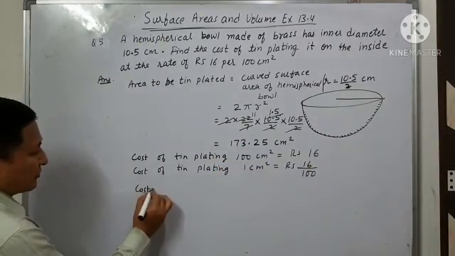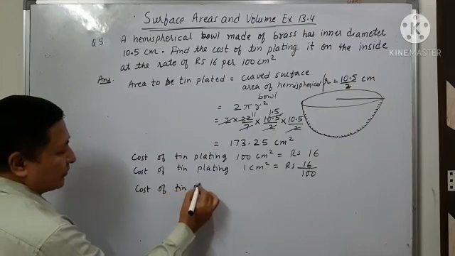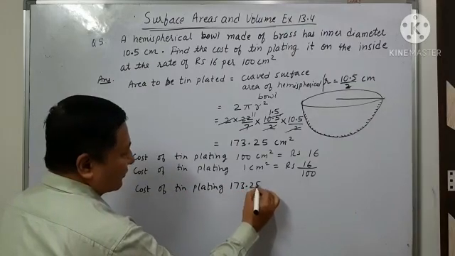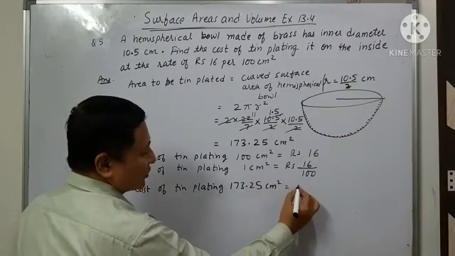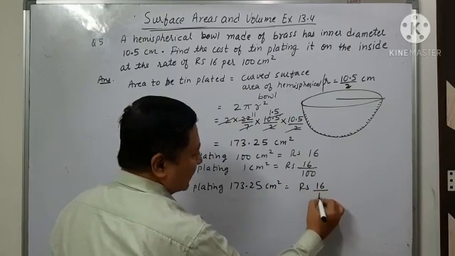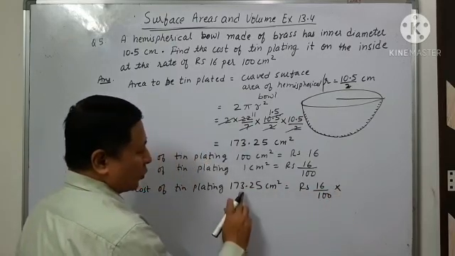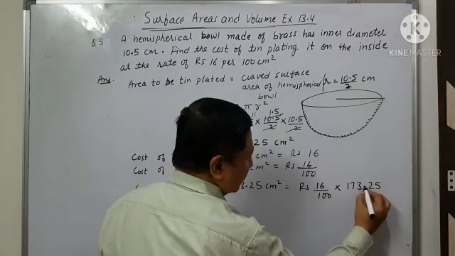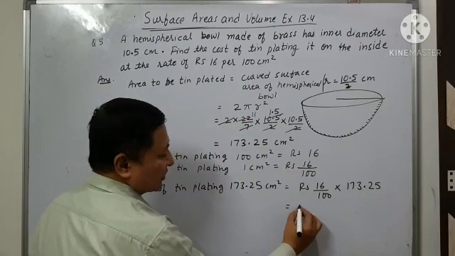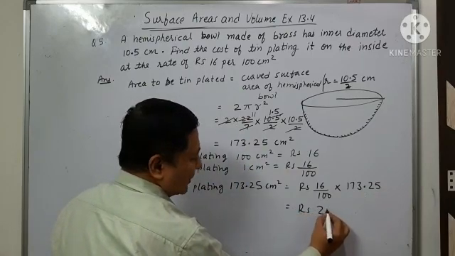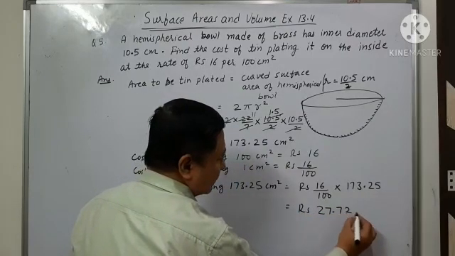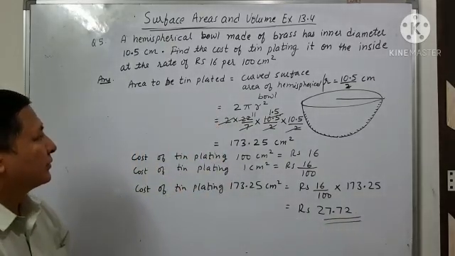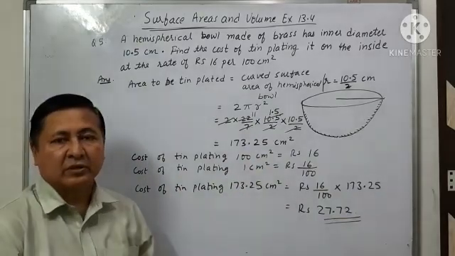So the cost of tin plating 173.25 centimeter square will be rupees 16 upon 100 into 173.25. When we solve this, we get the answer, rupees 27.72. So 27.72 rupees will be required to tin plate the inner surface area of the hemispherical bowl.